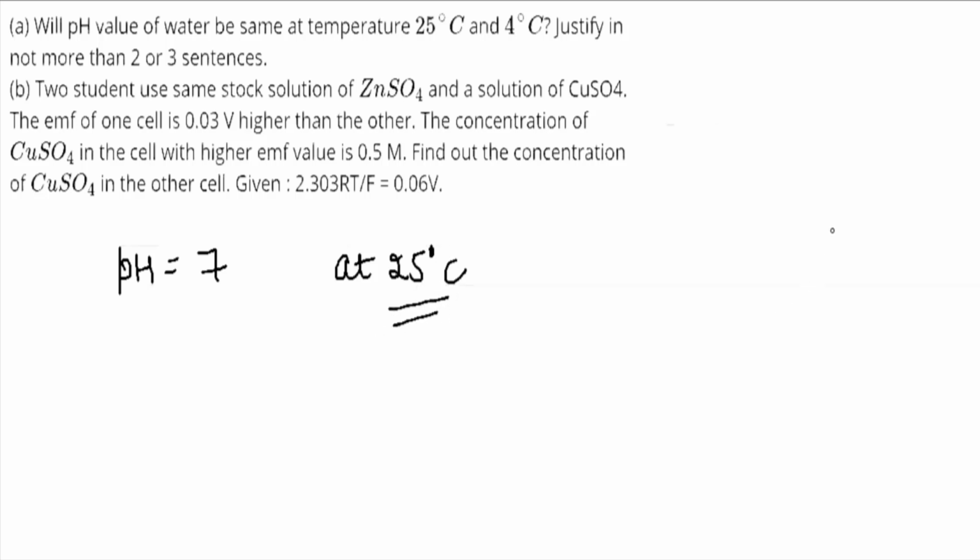Now we should know that when the temperature is decreasing, that is from 25 degrees Celsius to 4 degrees Celsius, what will happen here? The H plus ion concentration depends on the temperature. When the temperature changes, the concentration of H plus ions also changes.